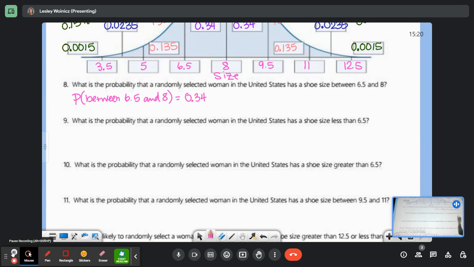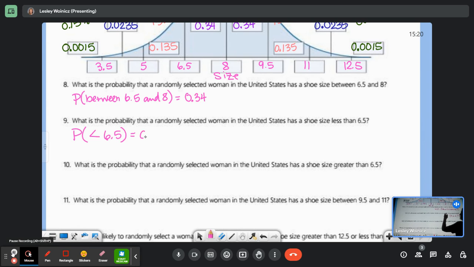Next one. What is the probability that a randomly selected woman in the U.S. has a shoe size less than 6.5? So that's over here. We can either add these 3 up or we can do 50% minus the 0.34.